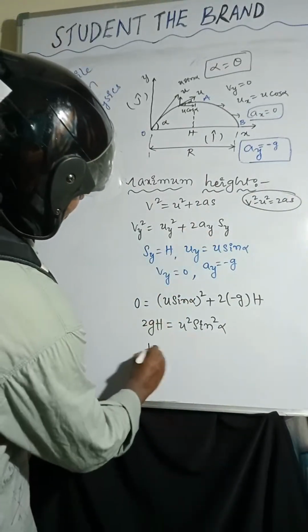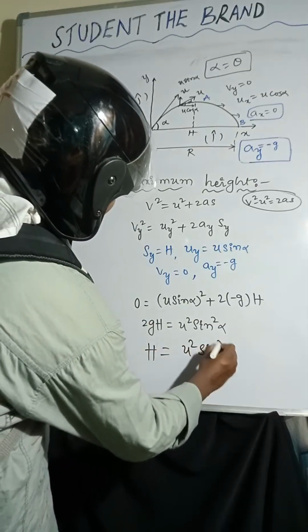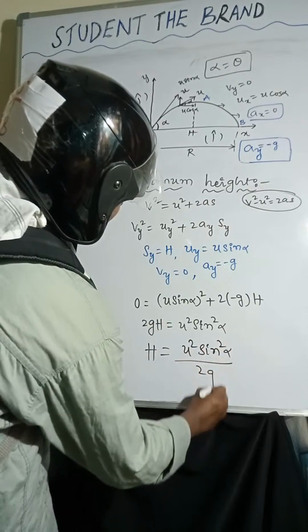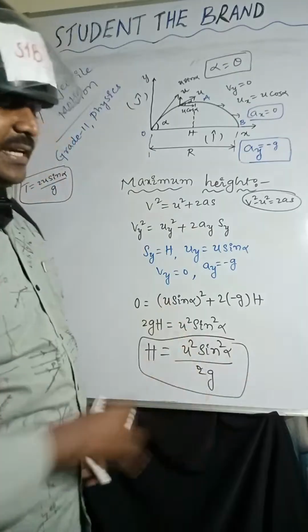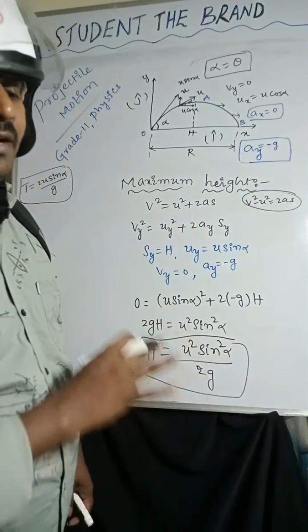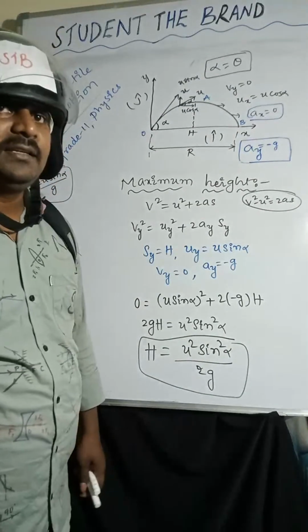So h equal to u square sin square alpha by 2g. Is it correct or not? If it is correct, click on the like button. If not, no problem. Is it clear? Is it correct?